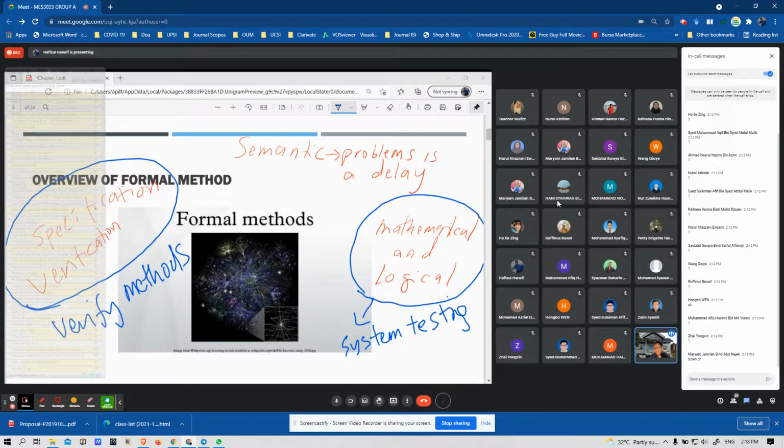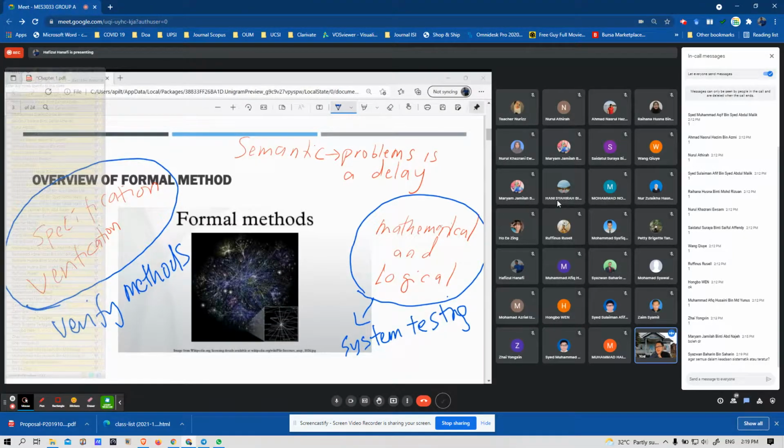Okay, basically, why do we use the formal method? For what reason? Hani Syahira, ada jawapan ke? Okay, boleh diterima.